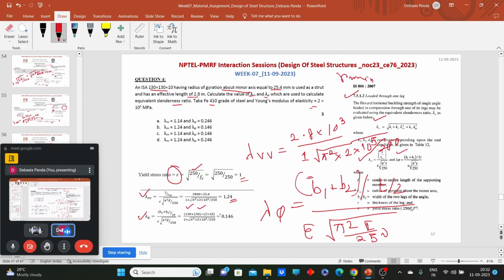Sorry, I've written it wrongly: divided by 2t, so 2 into t. Now upon that value 1, and if you plug all these values in, that comes as 0.146. So which one is correct? You just look for it: 1.24, 1.24, and this. So option B will be the correct answer.